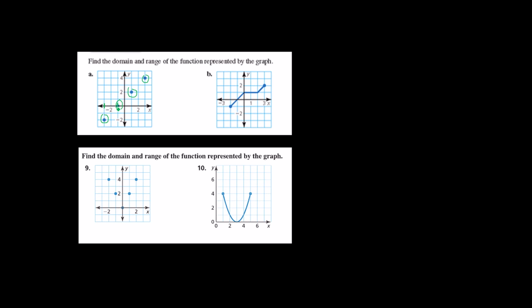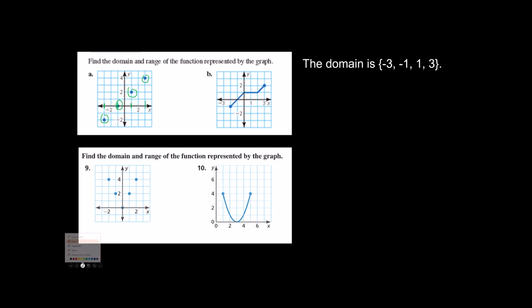This is the point -1, 0. The x part of the coordinate is the -1, so that would be included. This dot is above +1. This dot is above +3. Your domain here is -3, -1, 1, and 3.